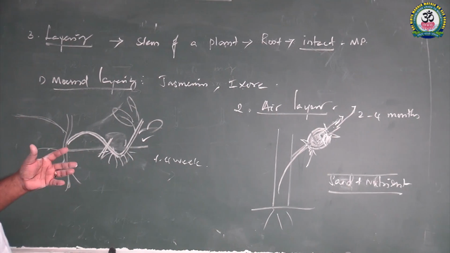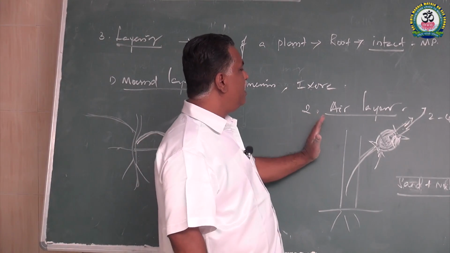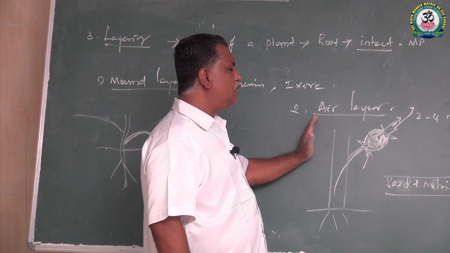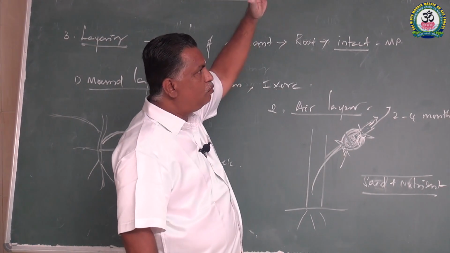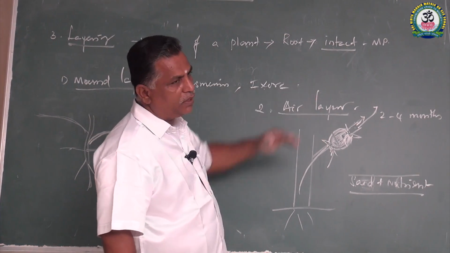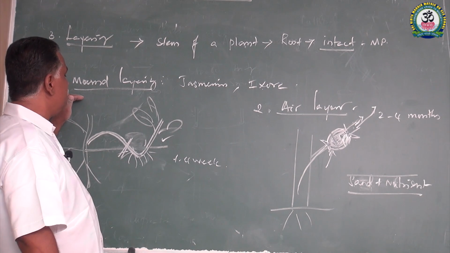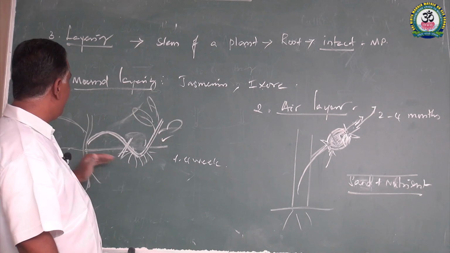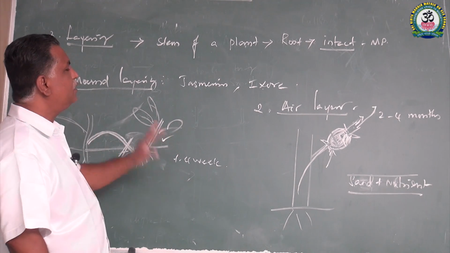Air layering is useful for vegetative propagation in woody plants whose branches are very high above the soil level. But mound layering is performed in plants like Jasminum, where the lateral branches are very near to the soil. So layering is over.